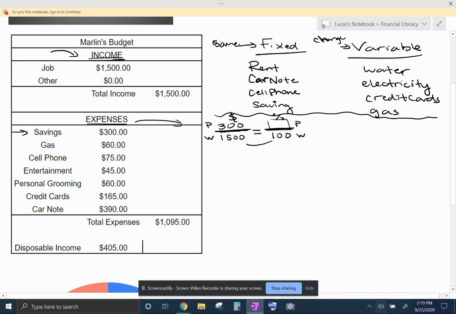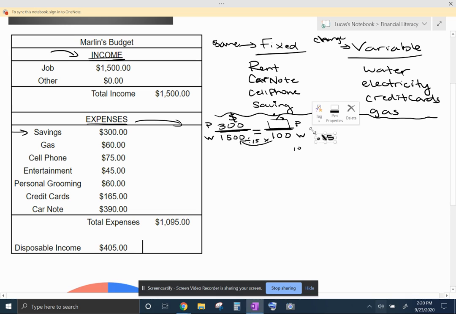I prefer to go this way because it's easier to multiply in my mind. This will be times 15. Another way you could figure that out is 1500 divided by 100 is 15. And to come back this other way, I would just do the opposite, which is divide by 15.